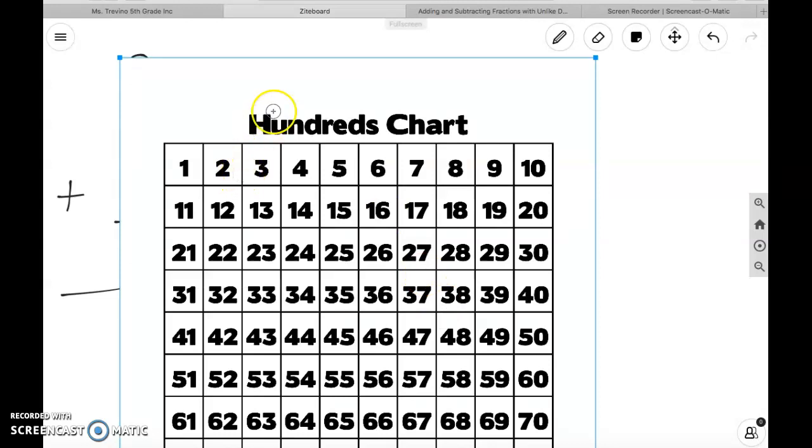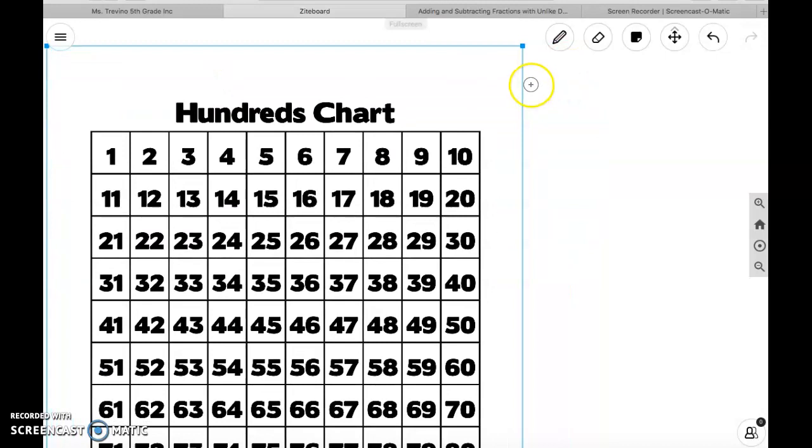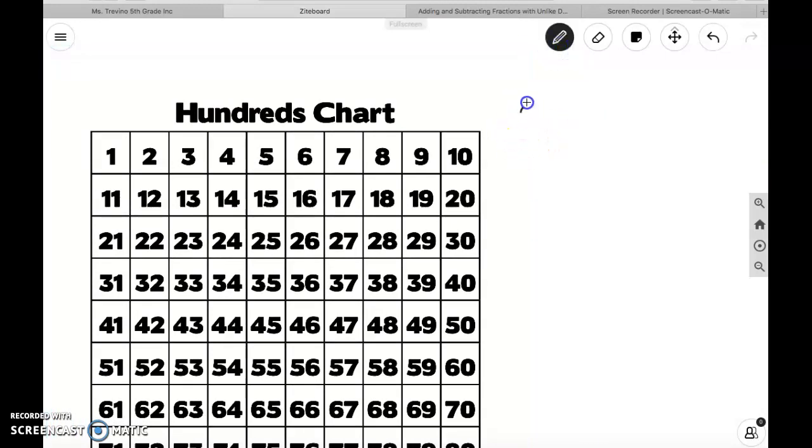Okay, here it is. So we're looking for multiples of 3 and 6, right? Okay, so let's do 3. So 3, 6, and 9. Okay.